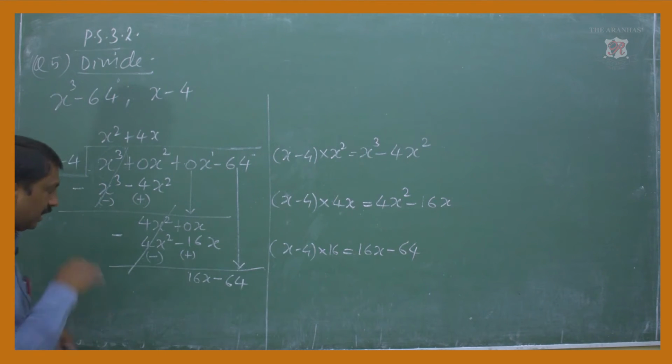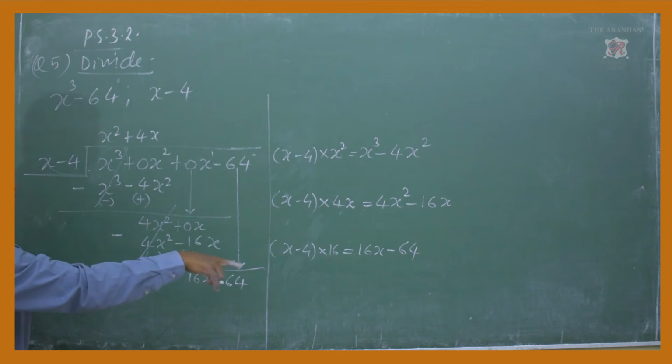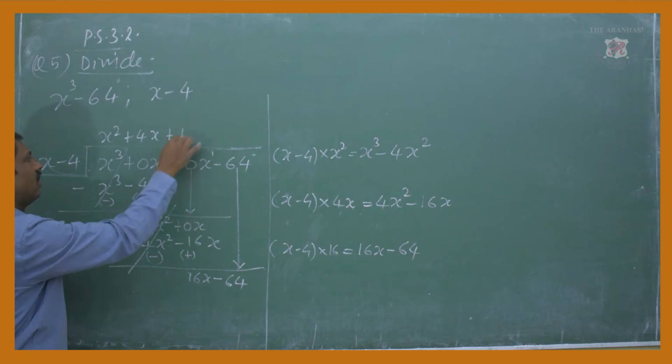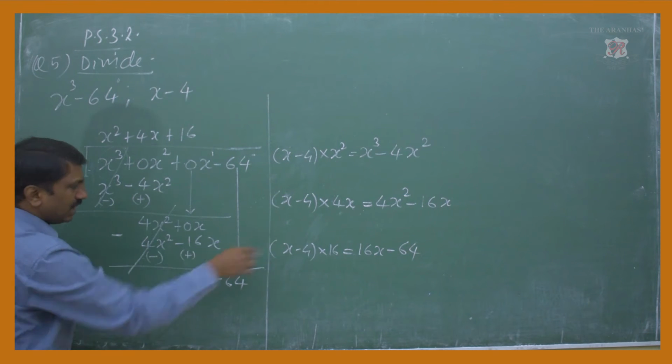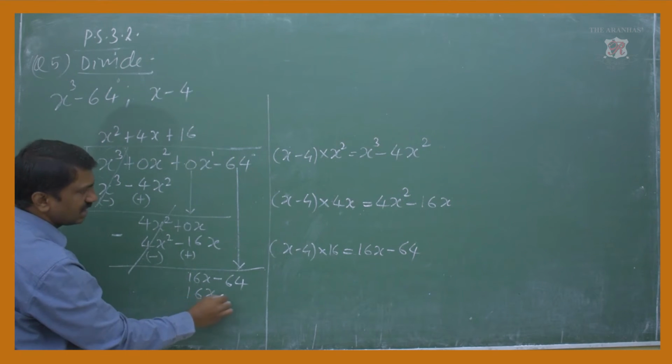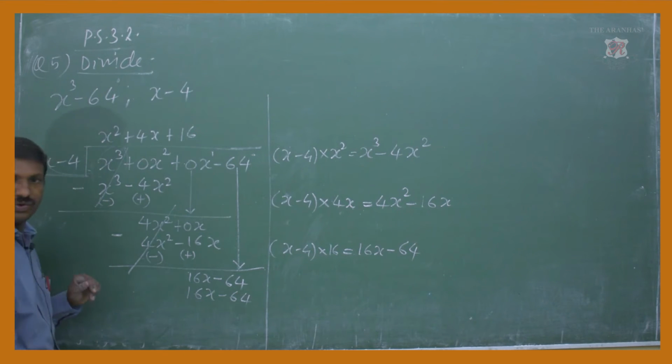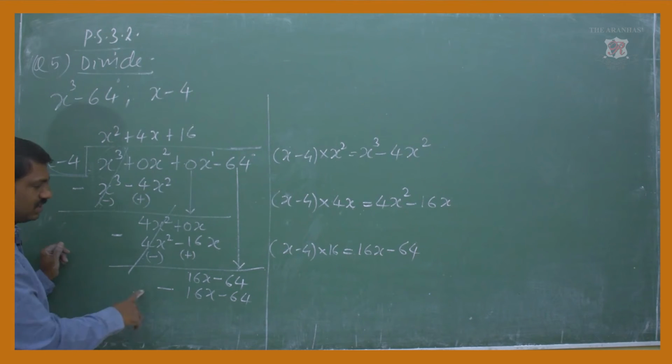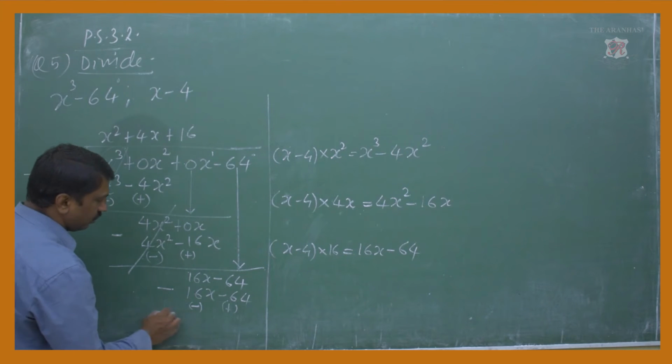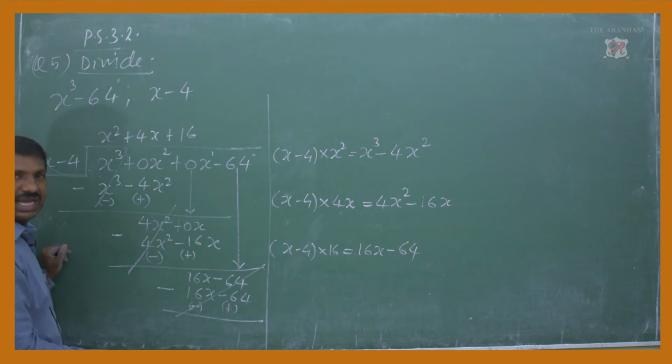So here we got 16x minus 64. Change the sign, here the minus sign will come, this will come as negative and this will be positive. Line up, the whole part will be cancelled because it is plus minus and 0.